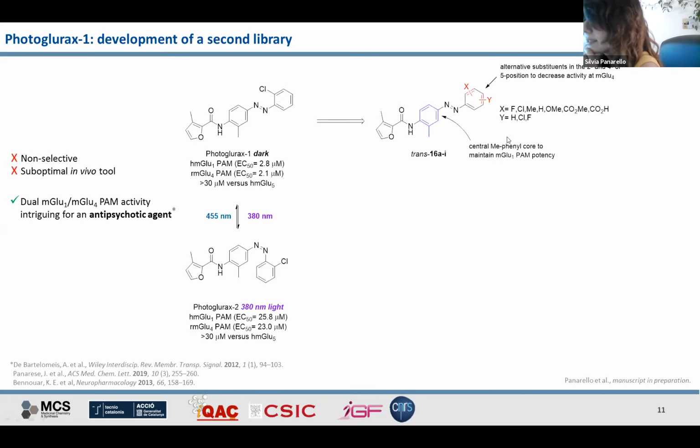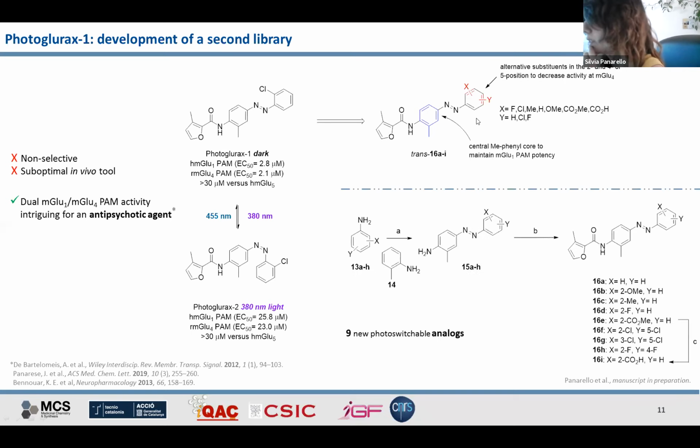Therefore, we synthesized analogs to survey the impact on mGlu4 activity of different substituents just in the external ring of the structure. And in the first two, we investigate the role of the substituents in 2 positions and also in 3 positions, also adding 5 chlorine and 4 fluorine always in the external ring.